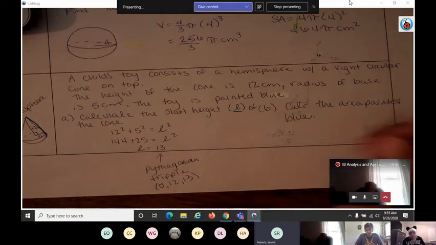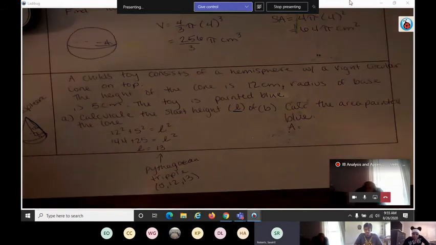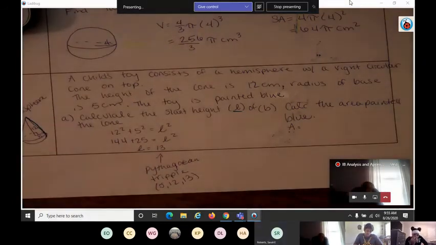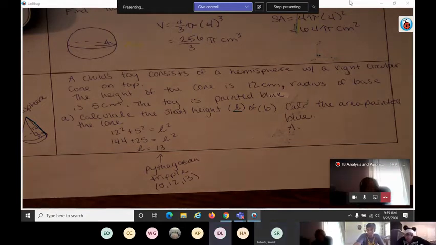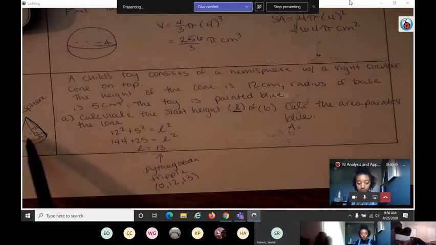So what was the area of a right cone? It was pi r squared plus pi r slant height. Yes, exactly. So which of those two terms are we going to take away if we want to get rid of the base?